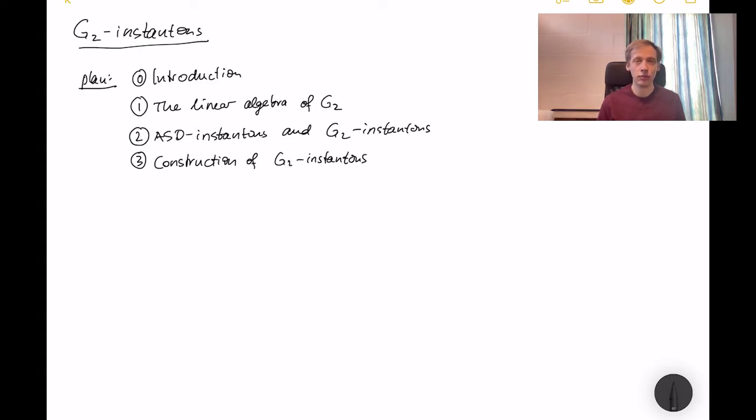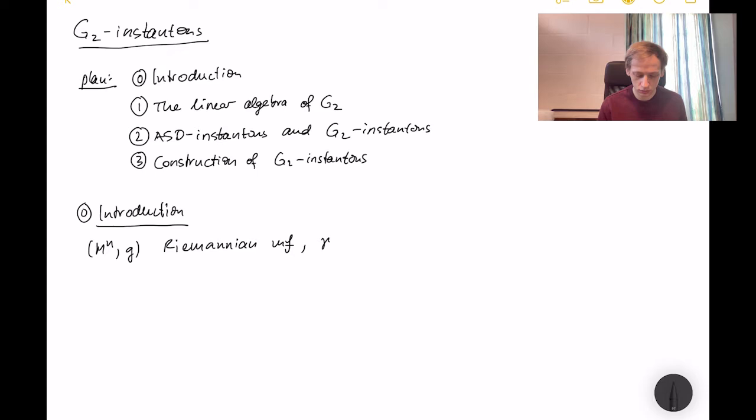Right, so let's jump right in with the introduction. To this end, say we're on some Riemannian manifold, M, g, and we have some curve in that manifold.